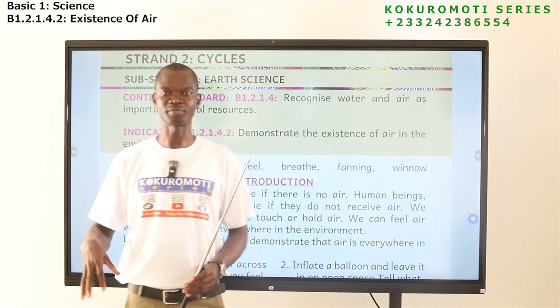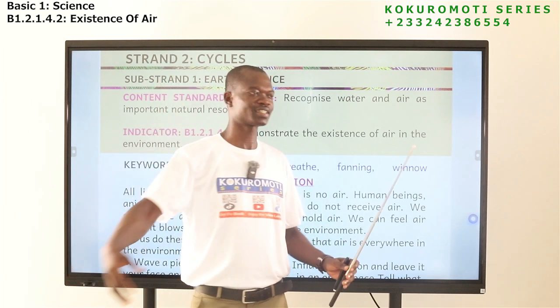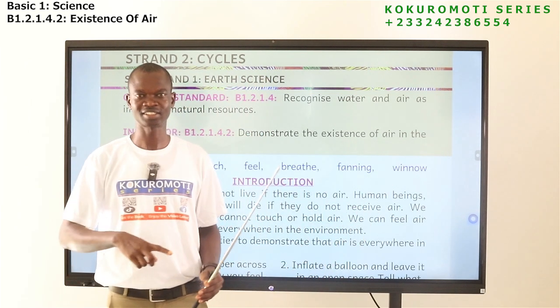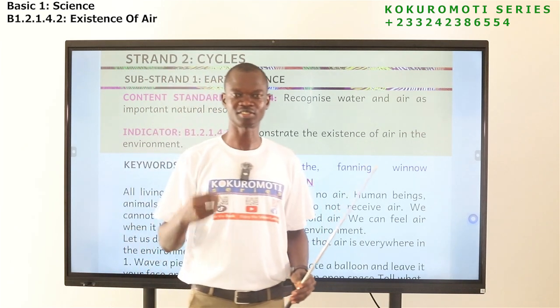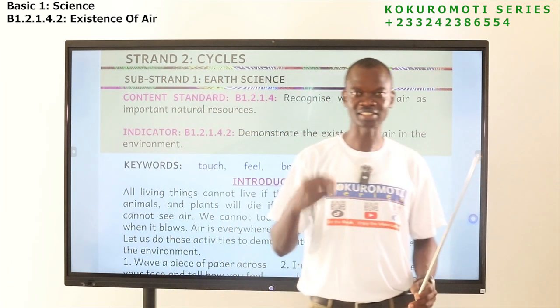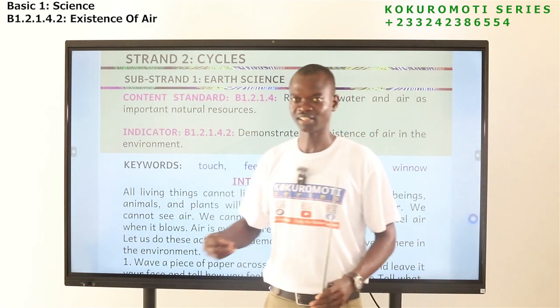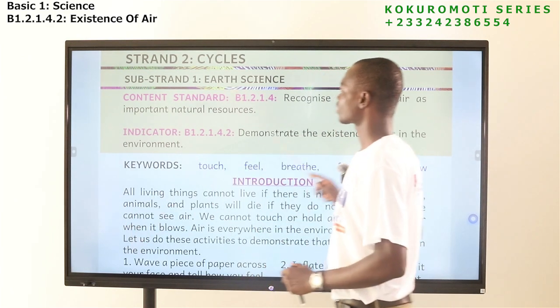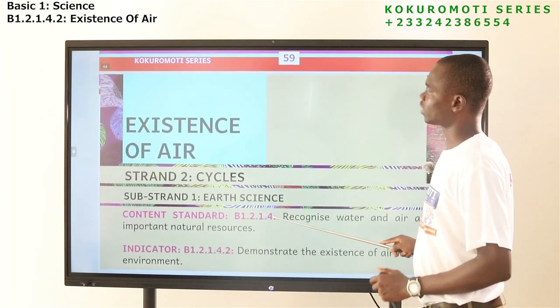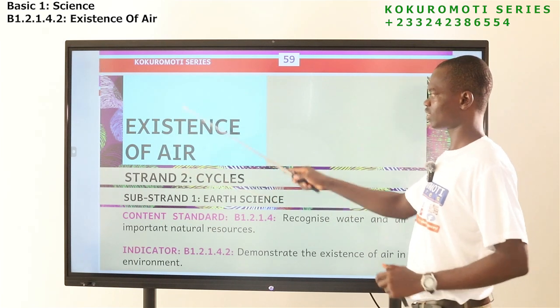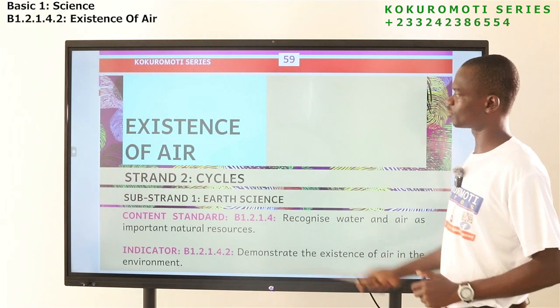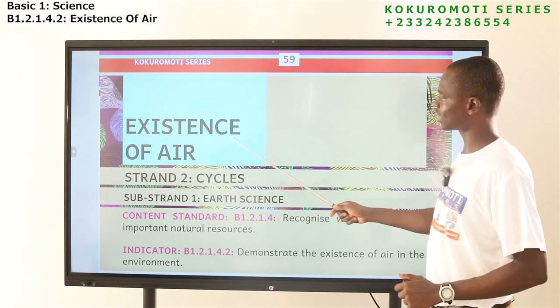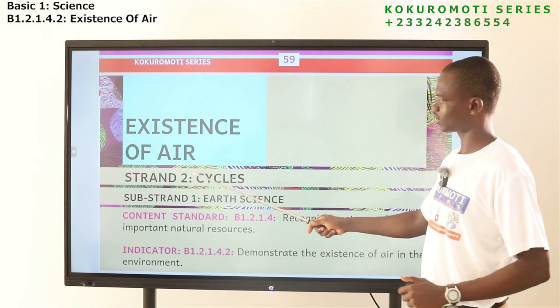Environment refers to the things that we see around us. Today we are going to demonstrate that we have air in our environment. So the topic is existence of air.